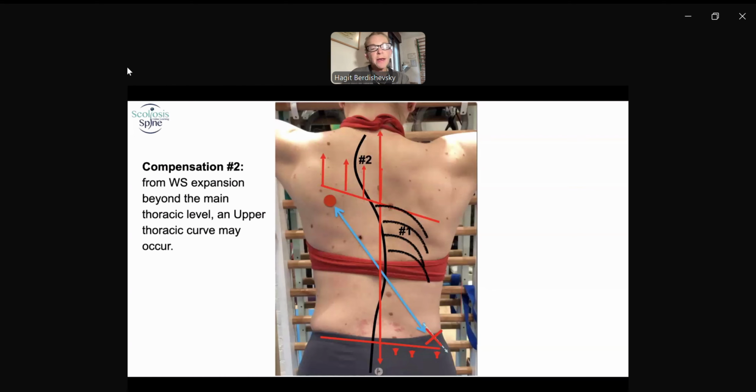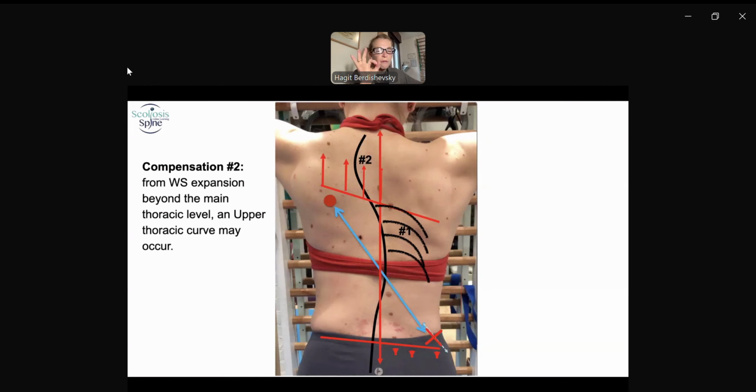So we can see here that the patient probably inside herself, not really this one, this is just a picture, but a patient can do that and create those two compensations in a thoracic correction, when someone is trying to correct their thoracic region, and this will go with all four curve types.